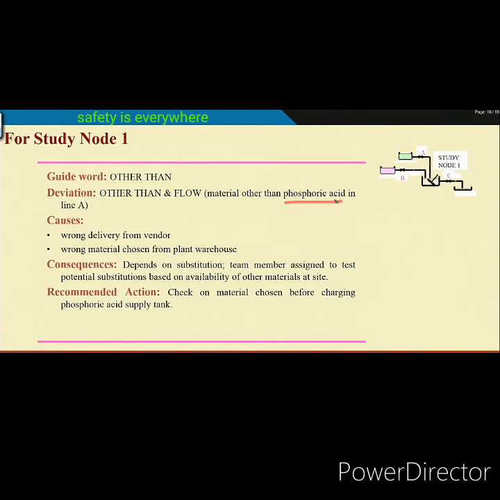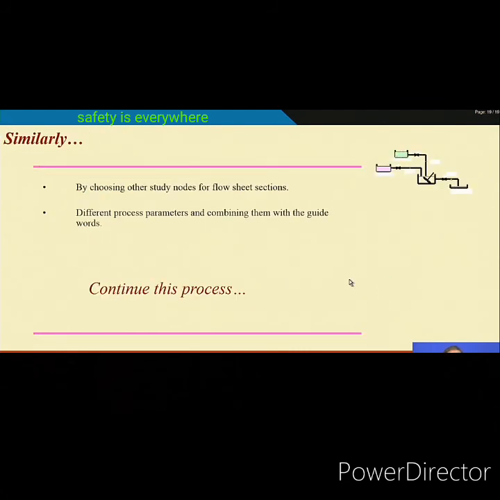Other than flow means material other than phosphoric acid in the line. So maybe you are using sulfuric acid, let it be like this. Then wrong delivery from vendor, wrong material chosen. So these are the causes and consequences you have to find out. Okay. So you continue this.